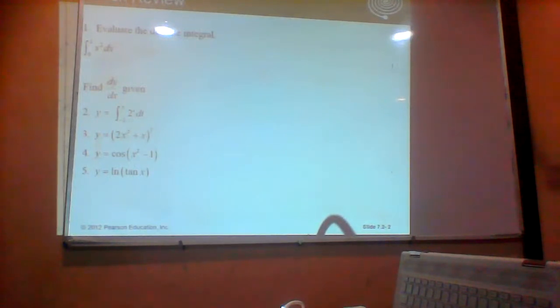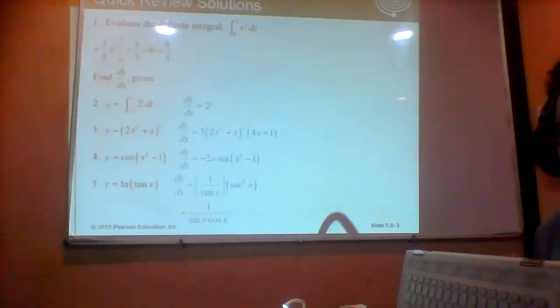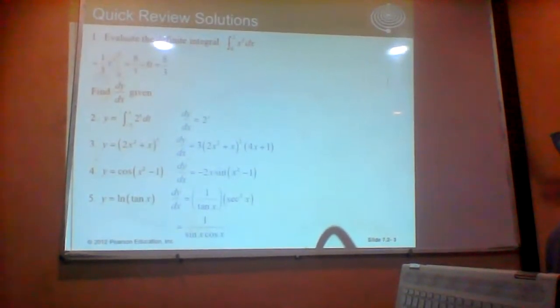Also, if you want to integrate 2 to the power x, how to integrate a to the power x, as we learned before. Let's integrate x squared first: x to the power 3 over 3, from 0 to 2, and the final answer will be 8 over 3.